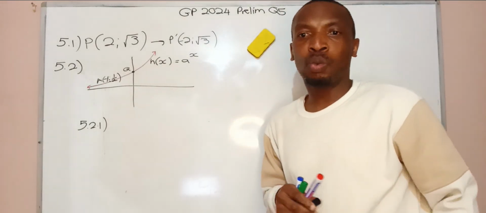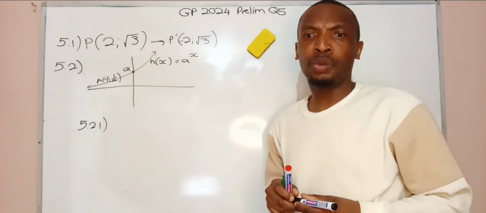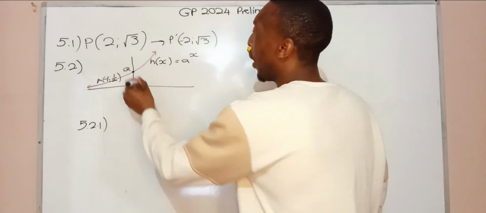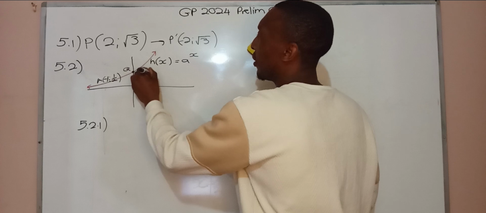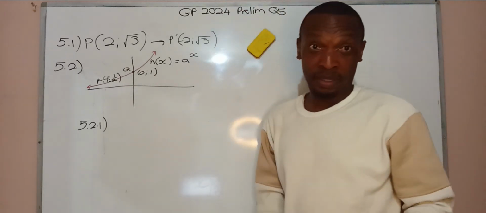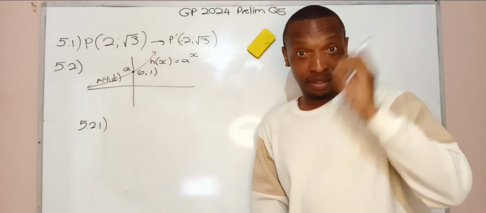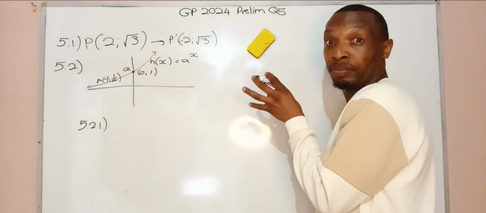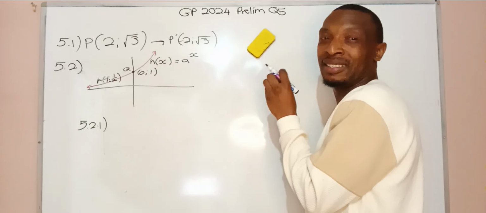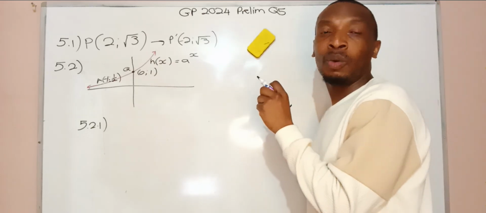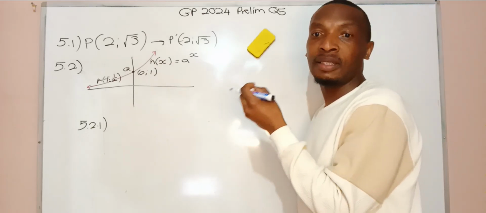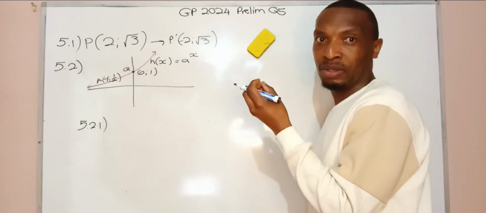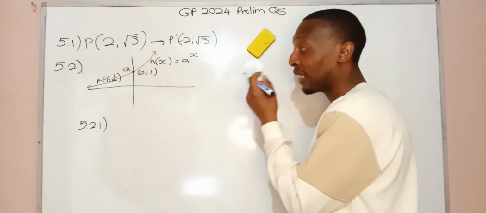Now 5.2.1, let's create space here. Substantiate why the coordinates of Q, the y-intercept of h, are (0; 1). They're telling you that the y-intercept is at 1. They want you to give a reason. What is special about Q is that it's the y-intercept. And what happens at the y-intercept? At the y-intercept, my x is equal to 0. Remember, when you're finding the y-intercept, you say let x equal to 0.